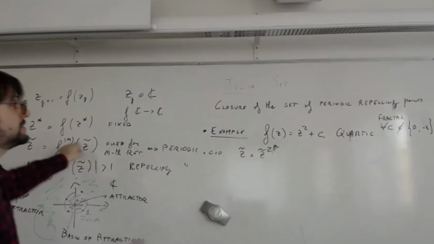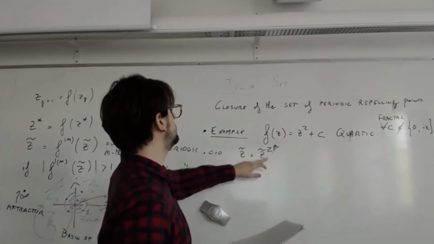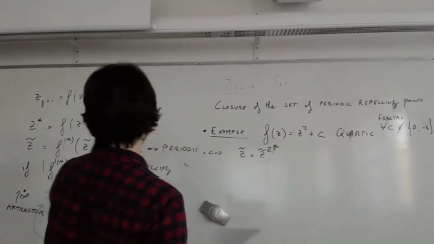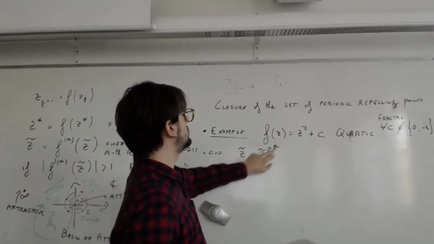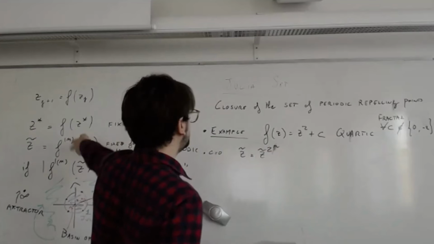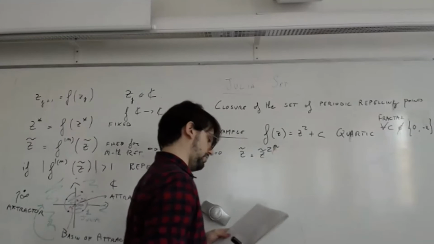For the first return map, this is only Z equal to Z squared and it's a fixed point. But for the second return map, this is Z to the 4th power, for the third, the 8th power, and so on and so forth.